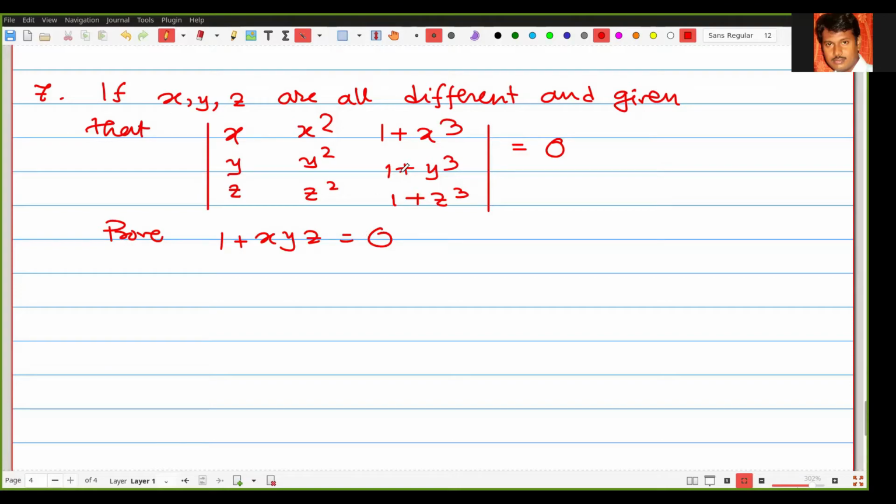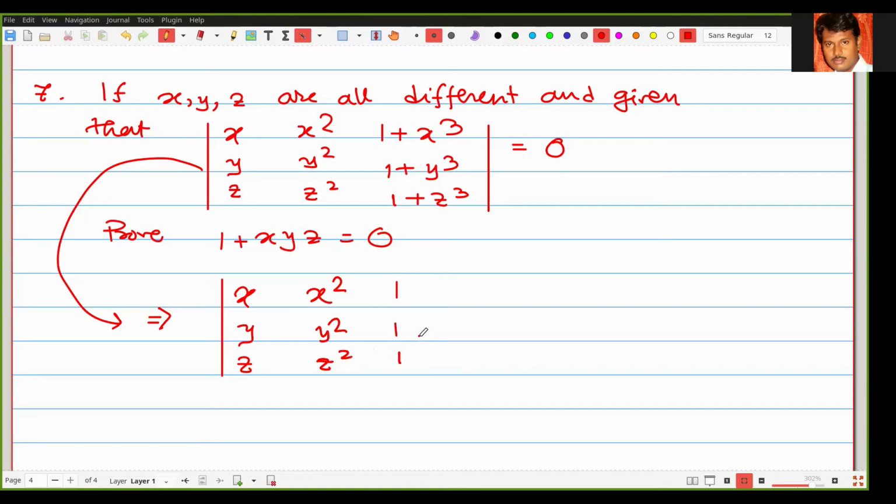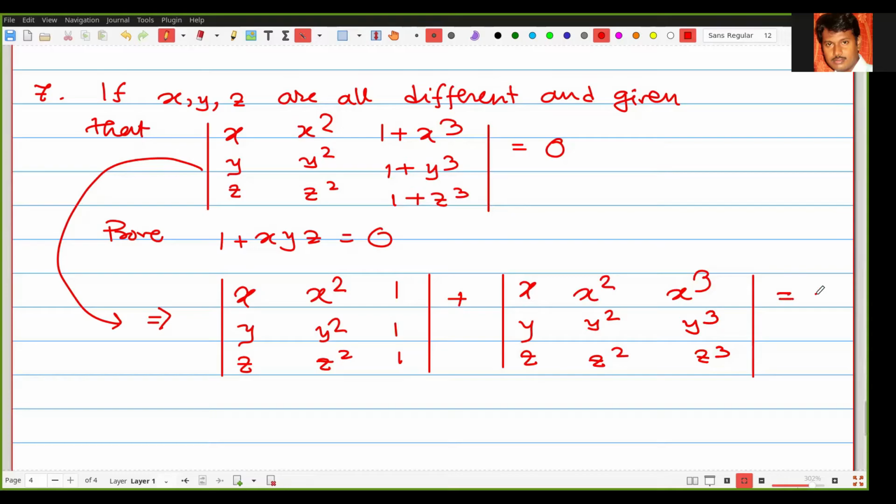So already we have the determinant value is equal to 0. So we can also decompose from here. So that one is now we can write X, Y, Z, X square, Y square, Z square, 1, 1, 1, then plus X, Y, Z, X square, Y square, Z square, X cube, Y cube, Z cube is equal to 0.